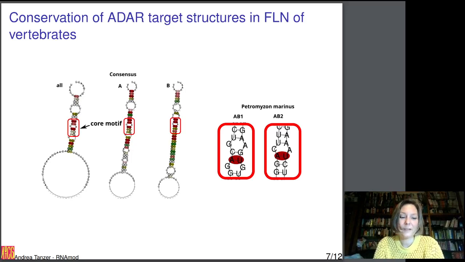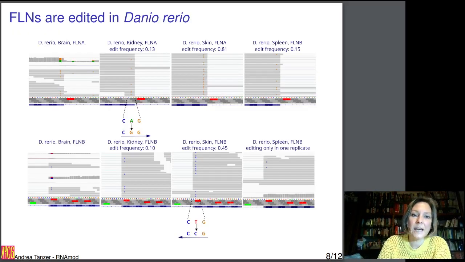When we got those results, we were very excited, and of course we wanted to know whether these editing sites could be functional. So we looked through RNA-seq data sets and indeed found that in Danio, the editing site in filamin A and B is used in different tissues at different rates, suggesting that the events we are seeing here are not genomic SNPs, but indeed RNA editing events.